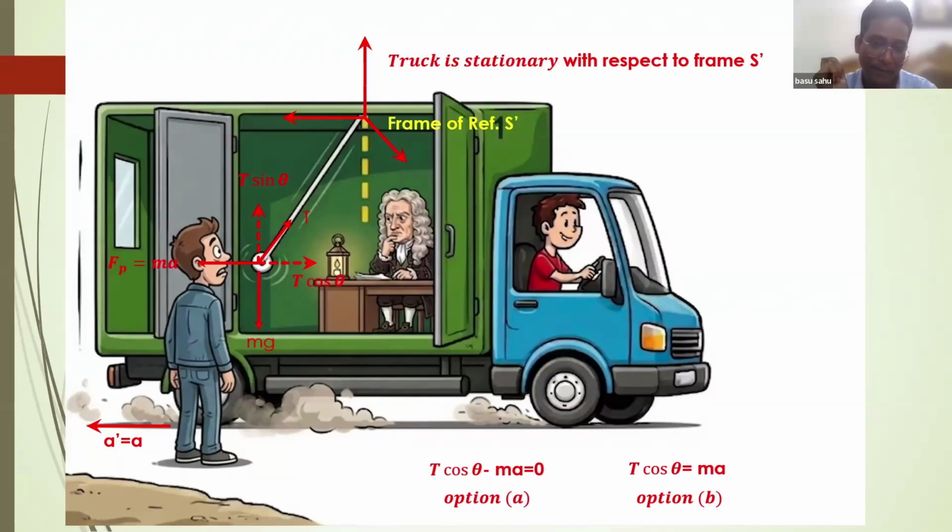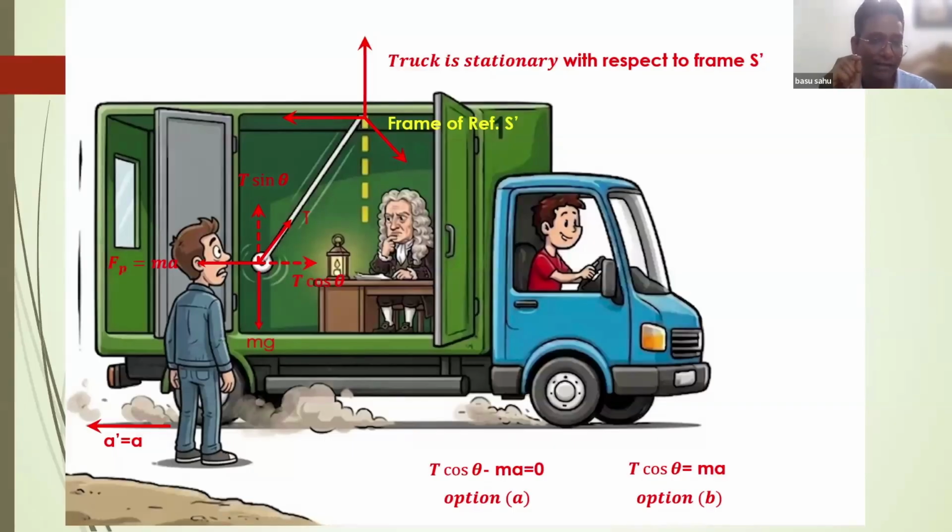So who is observing FP equal to MA? The S dash frame. From the S dash frame, we are considering FP equal to MA as a real force. Although it is a pseudo force, in the frame S dash you can consider the pseudo force as a real force.